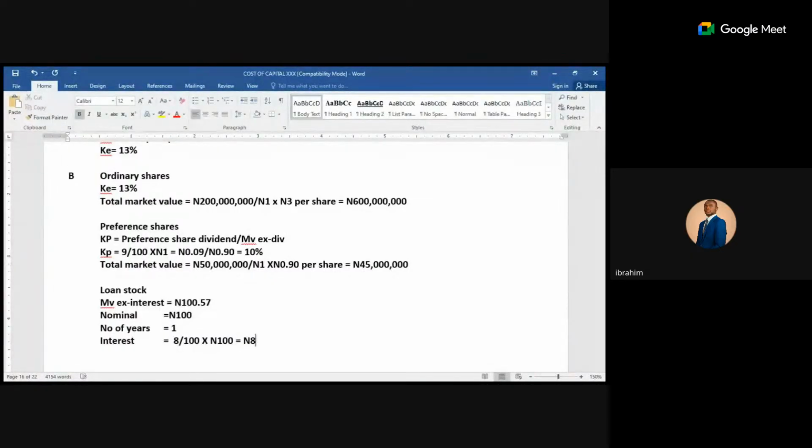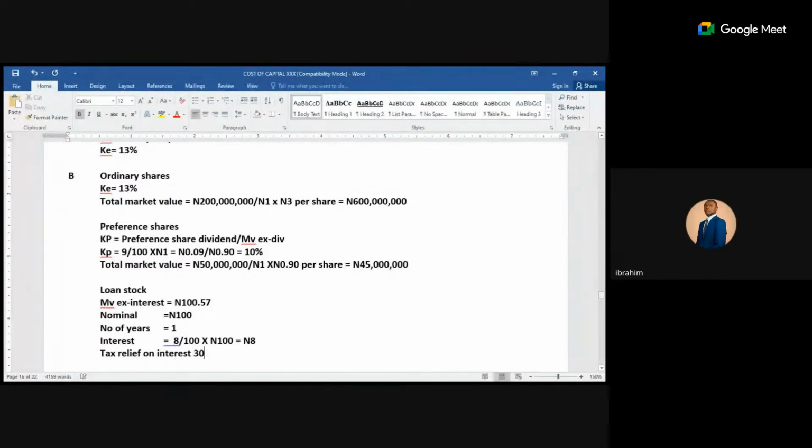And there will be a tax relief on that interest, which means you have to deduct the tax. There will be a tax relief on interest, right? How many percent is the tax rate? 30%, right?